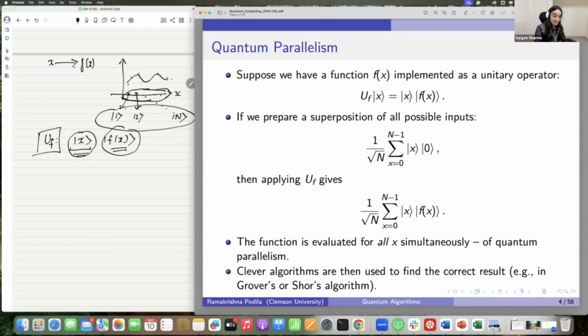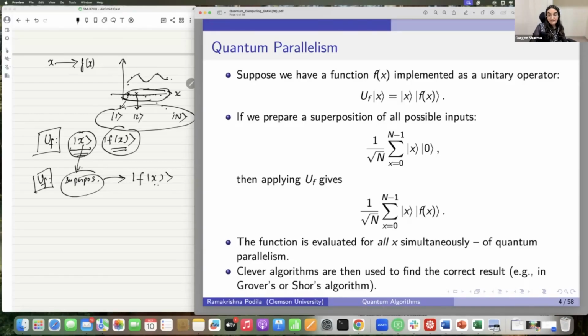Okay, and then you prepare this in a superposition of all the states, and if you apply this particular unitary transformation, it is guaranteed that you will have found all the f of x values here.